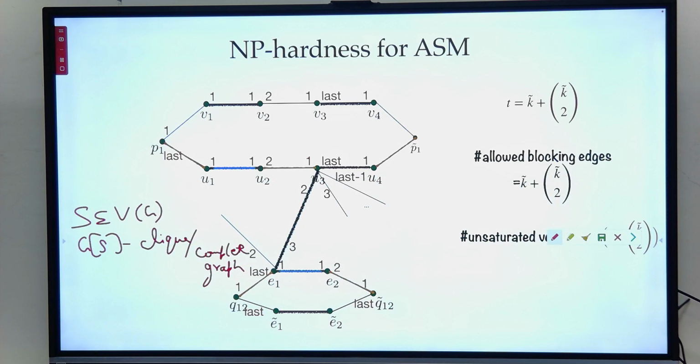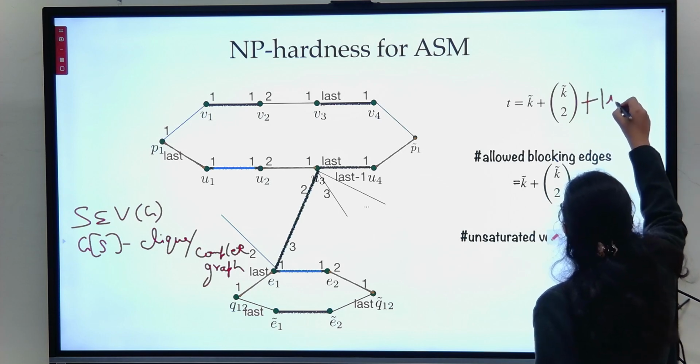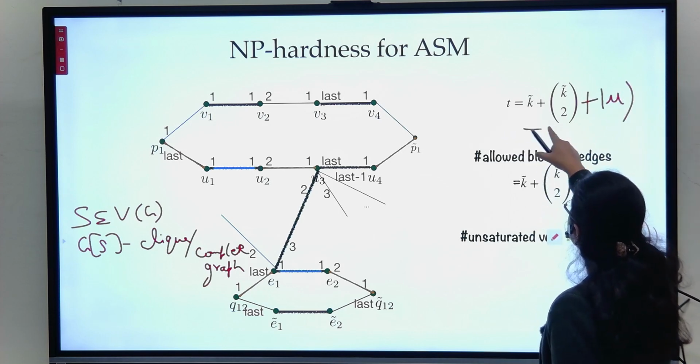We need to argue two things: size and the number of blocking edges. So what can we say about size? Can we say that we are increasing by this value?